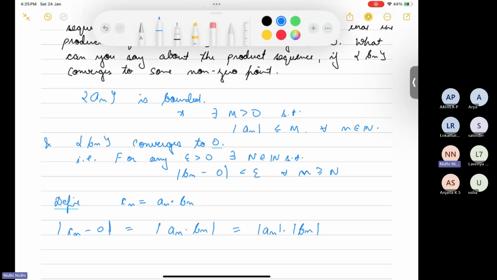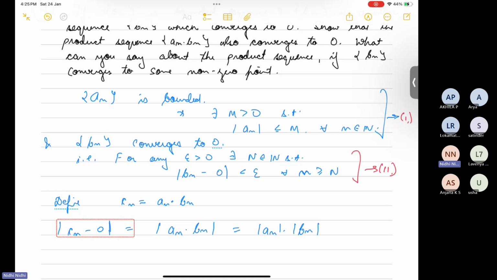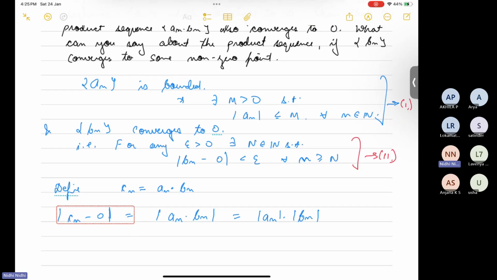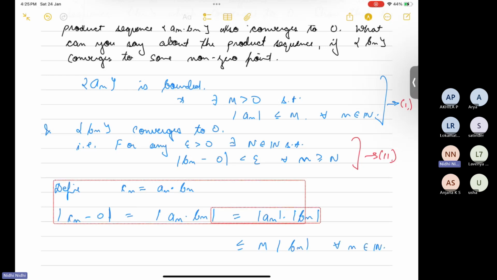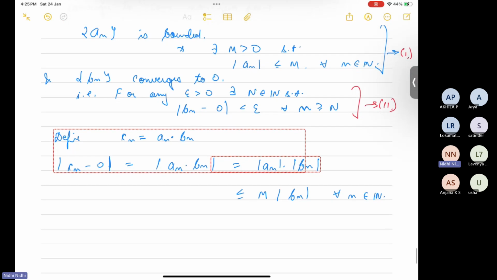Now we'll use these two, first and second. Since mod an is less than or equal to m for every n, this is less than or equal to m times mod bn, and this is happening for every natural number n. Then I can write this as m times mod bn minus 0.